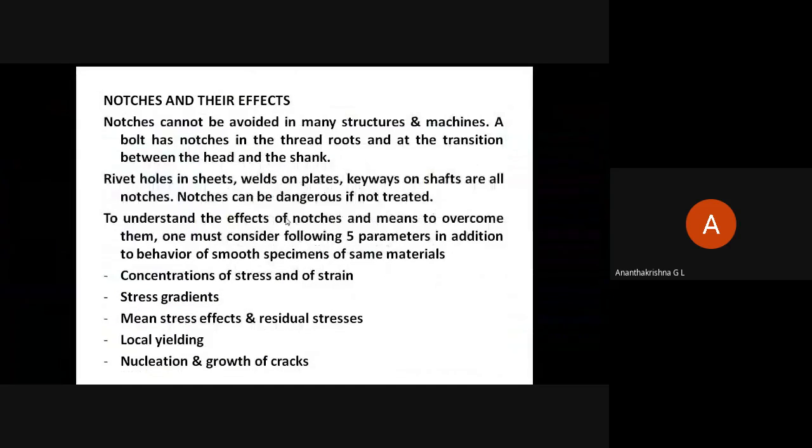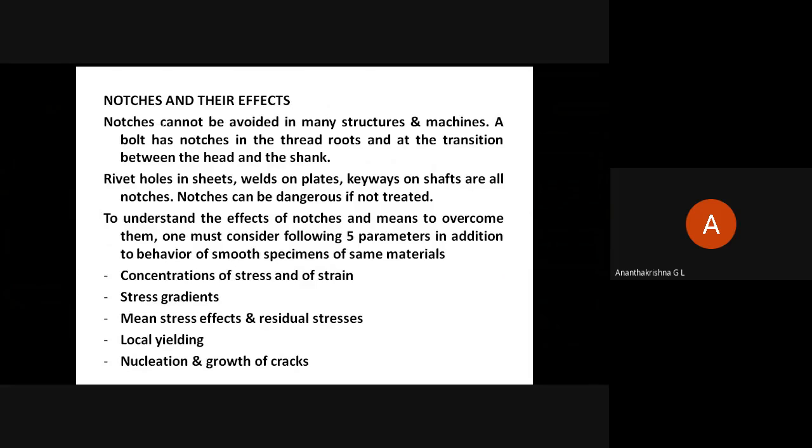Now, again, we come back to the discussion on notches. For all discontinuities, they call them notches. Either it's a hole, fillet, chamfer, stepped shaft or sudden decrease in geometry.